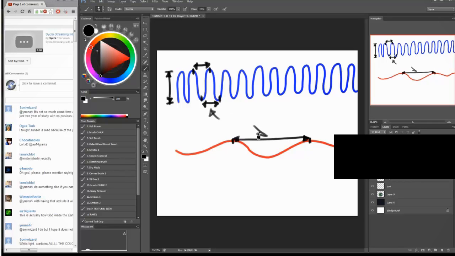This is very wide. But the height is not that high. So that's red. It has a very long wavelength and a low amplitude. Blue is more, you know, whatever. So now we've got that.